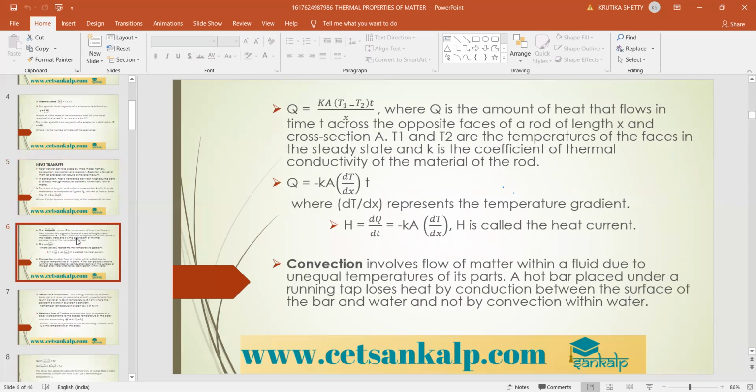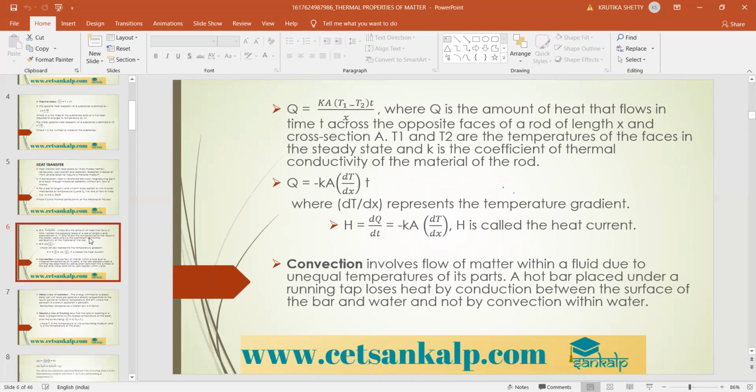Next, Q is nothing but heat. It is also given by Q = K A (T1 - T2) T / X, where Q is the amount of heat that flows in time T across the opposite faces of a rod of length X, and A is the area of cross section, T1, T2 are the temperatures. So this formula can be used to calculate the amount of heat flow in the given body.